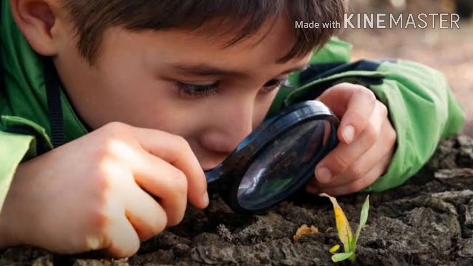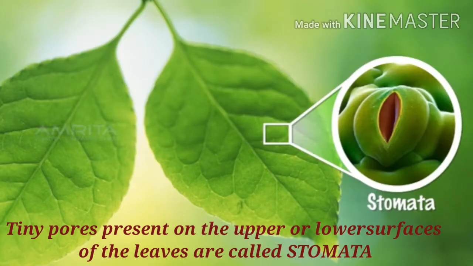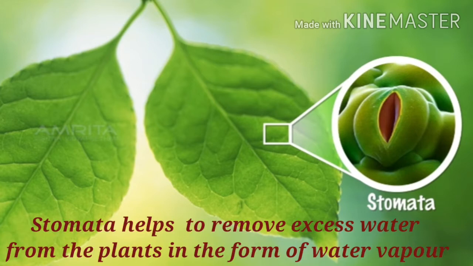Children, when you see the surface of the leaf by using a magnifying glass, then you will be able to see that there are tiny pores on the upper and the lower surface of the leaf. Pores means holes, and these tiny pores are known as stomata.